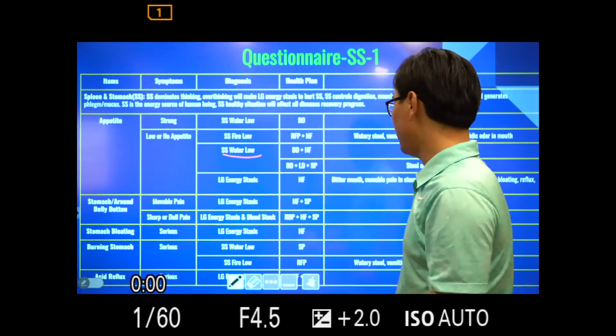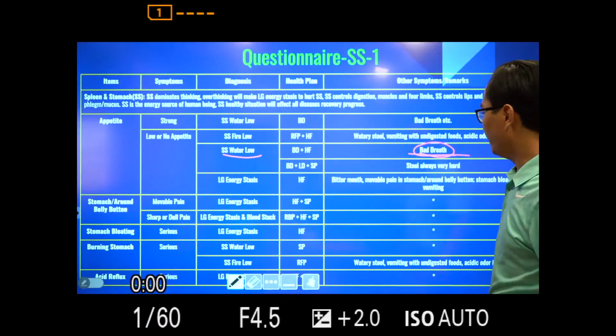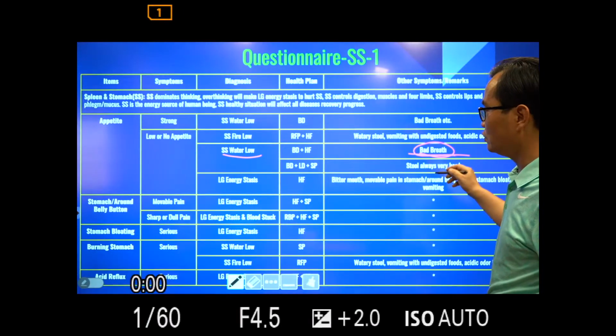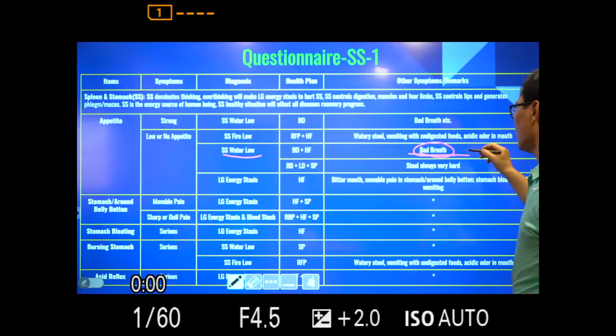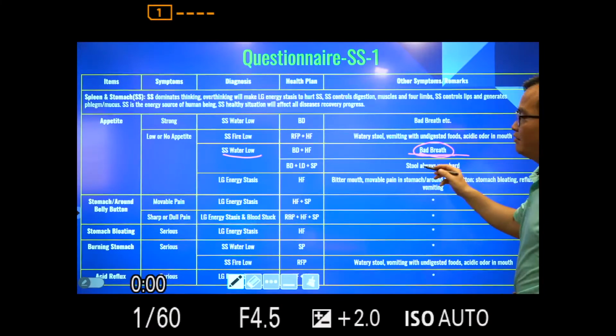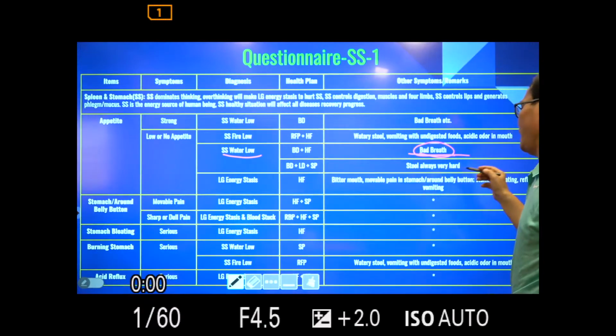This is the bad breath we refer to. The bad breath confirms that the excess water energy is low and the fire toxin is high.